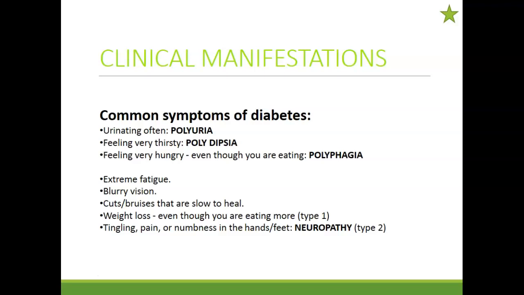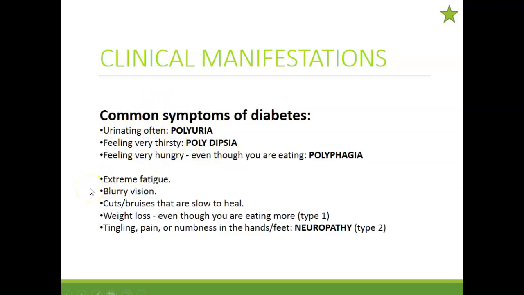Polyuria, polydipsia, and polyphagia can happen in particular to type 1 diabetics, because when the cells are starving and the body is not producing insulin, their body kind of gets a response that they need to eat more, but their bloodstream is getting overflooded with glucose, which makes them want to urinate more, that osmotic diuresis, and the increased urea leads to a sense of thirst.